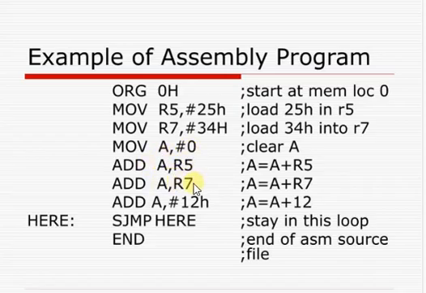ADD A, R7: before this the A value is 25, now 25 plus 34 is 59H. Then ADD A, #12H: 59 plus 12 will be added here. Then SJMP HERE means a short jump, to stay in this loop, then end of the program.